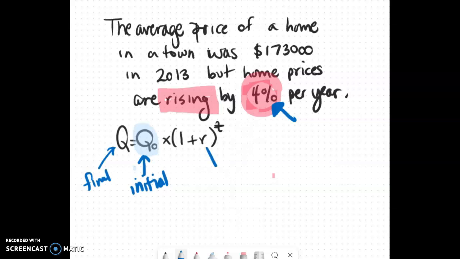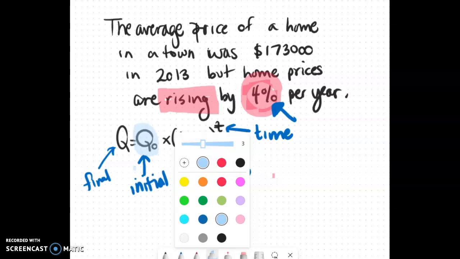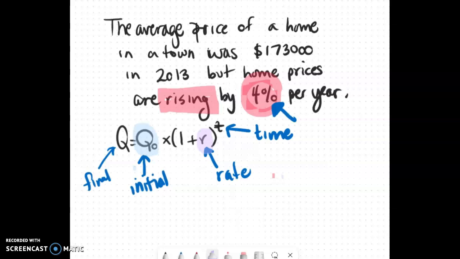And then we've got R, which is the rate, and we've got time. If I'm creating an exponential model, the two variables I need to fill in are R and Q sub 0. You leave the Q and the T for the model. Now we'll talk about when I fill in T to find Q, but if we want the exponential model, we're going to leave everything besides the Q sub 0 and the R.